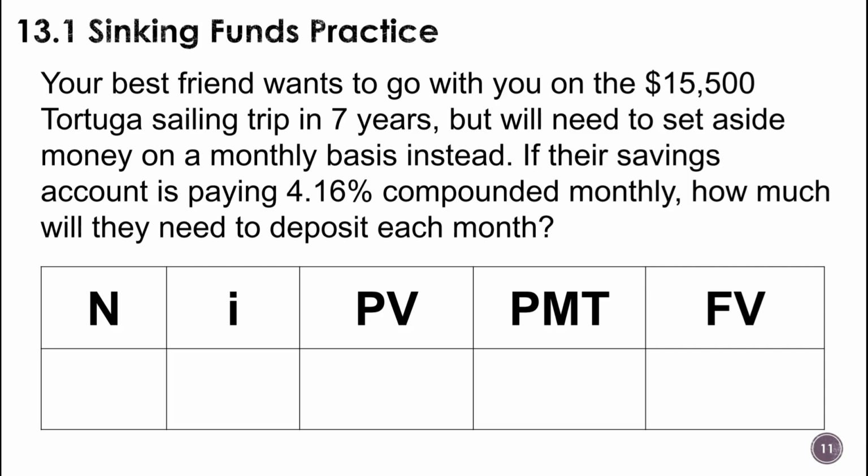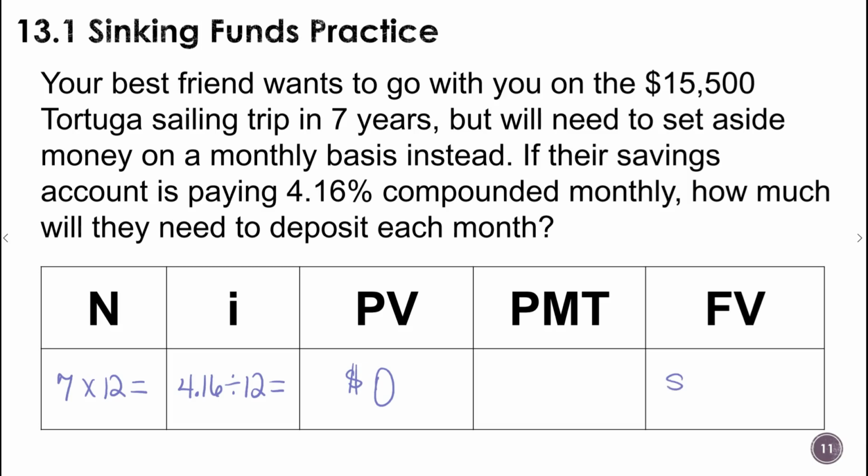So this one is based solely on payments, and that means our present value will be 0. Okay, so 7 years again. This one is going to be 7 times 12 because remember it's compounded monthly. 4.16% divided by 12. We are going to compute the payment.